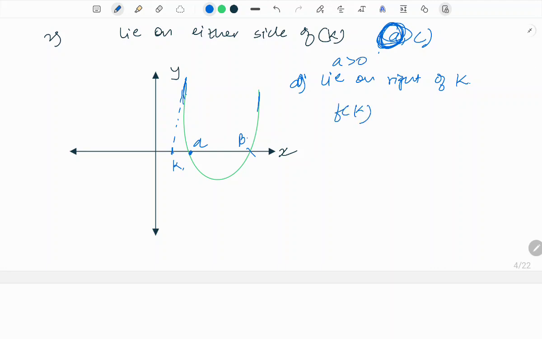So f of k, as we see the output of the function at this point, is positive, greater than 0.